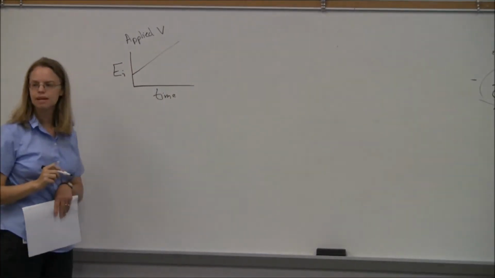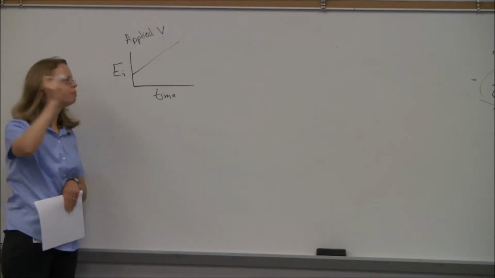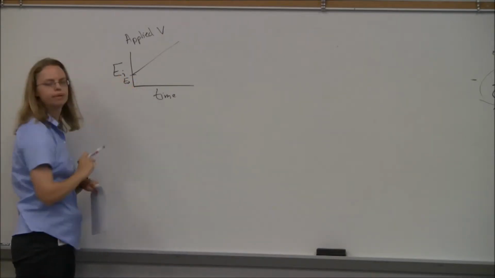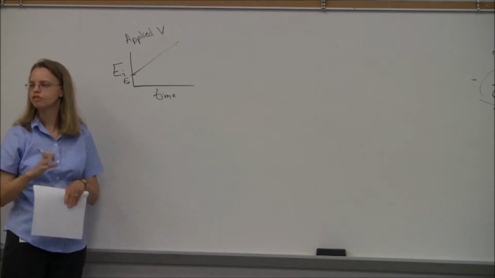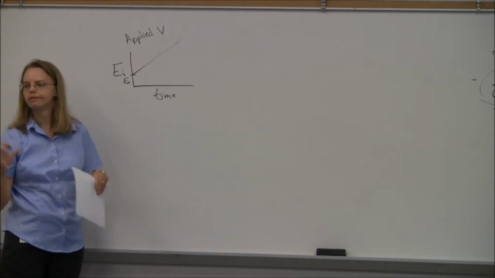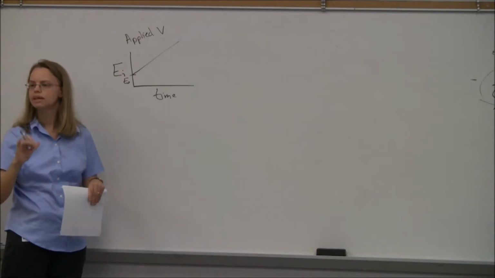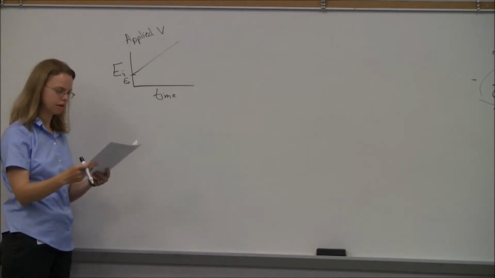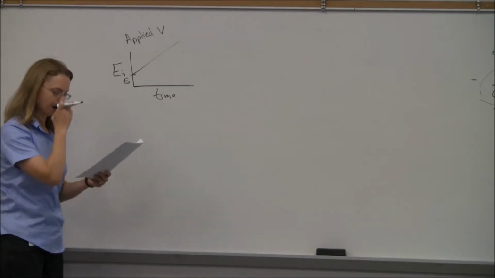This is my definition of our ramp. We go up, we could start at some initial potential. Initial voltage, you don't have to start at 0. You can start at 1, you can start at -0.4. So I'm not trying to imply that you have to start at 0, and you go up.